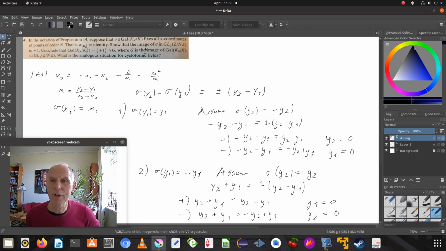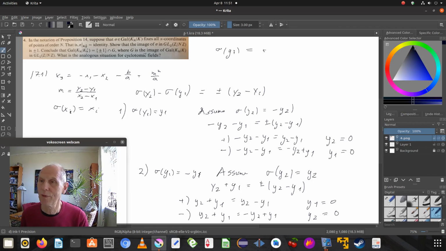So that means that sigma of a second coordinate, for all of the coordinates, change sign the same way, plus or minus. If it's plus, then all the second coordinates must lie in K_n plus, so the extension is trivial.